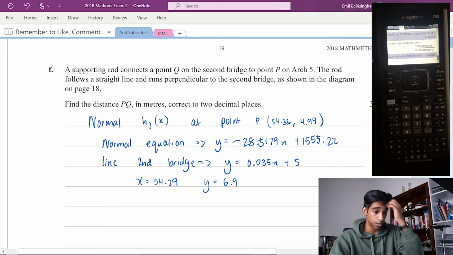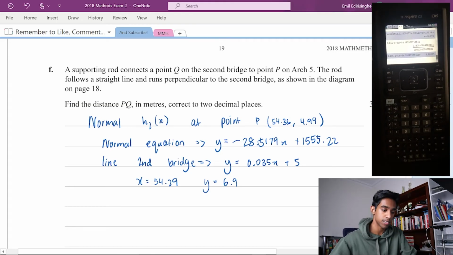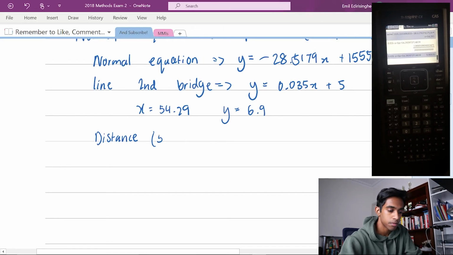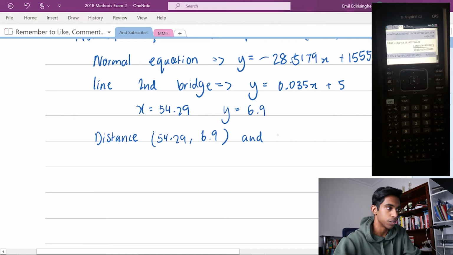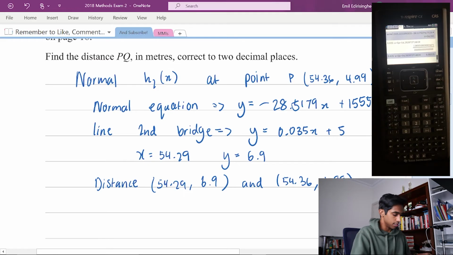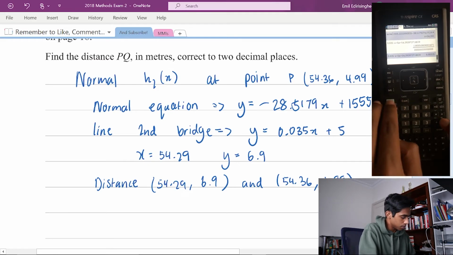So now what we're looking to do is find the distance between these 2 points. So distance from 54.29, 6.9 and our original point, which was 54.36, 4.99. And now we'll just use our distance formula to get the difference between these 2 points.